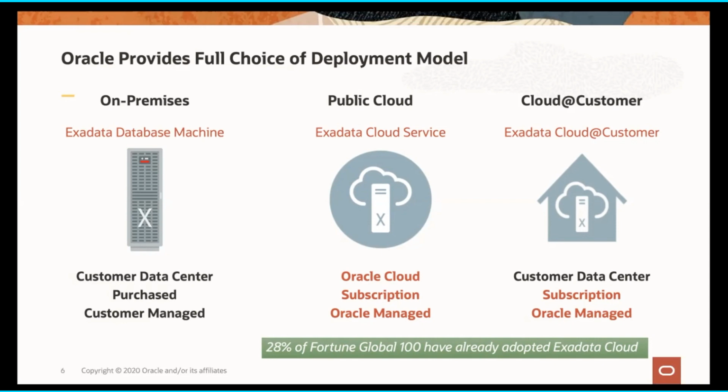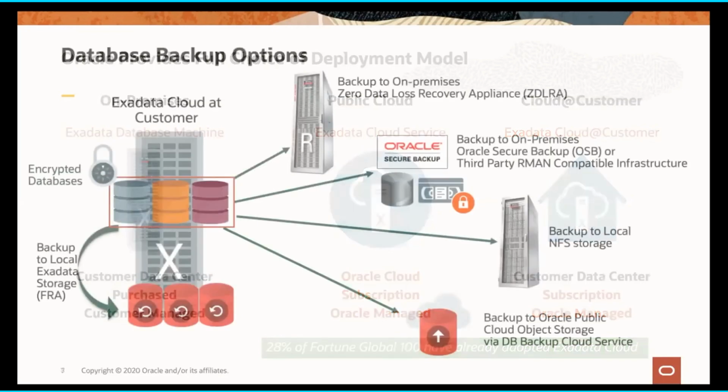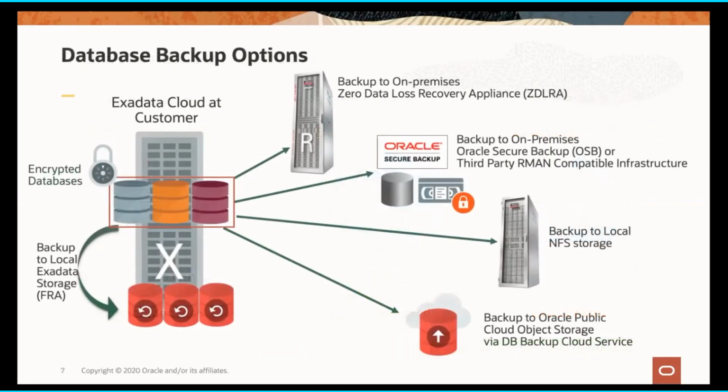So you use them and you pay for them as a cloud service, but the hardware sits in your data center. The fact that your hardware is in your data center gives Exadata Cloud Customer more options in terms of backup, more possibilities compared to what you have when you're running it as a cloud service, where you don't have access to the infrastructure and you don't have access to the Exadata hardware at all.